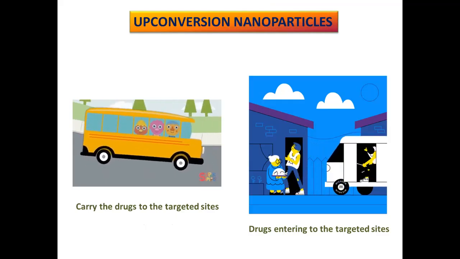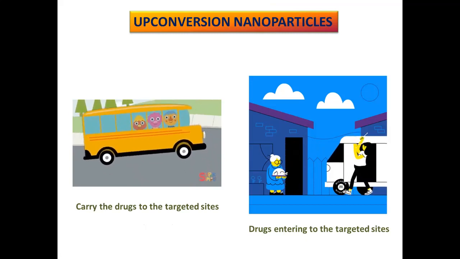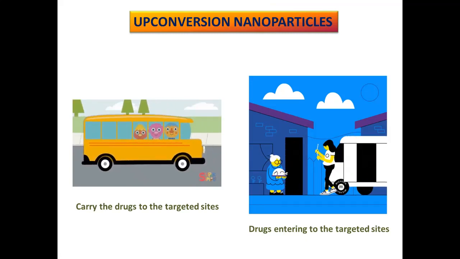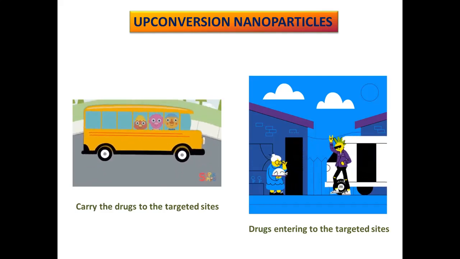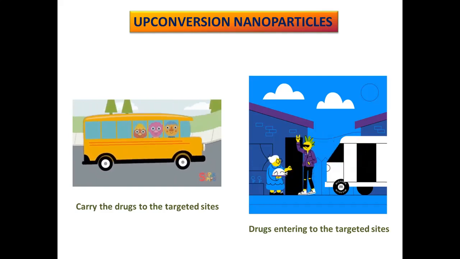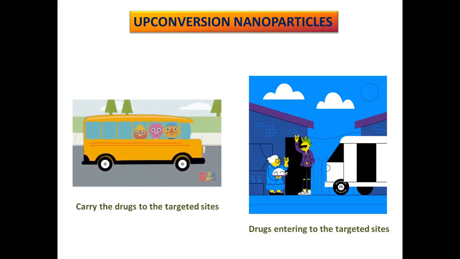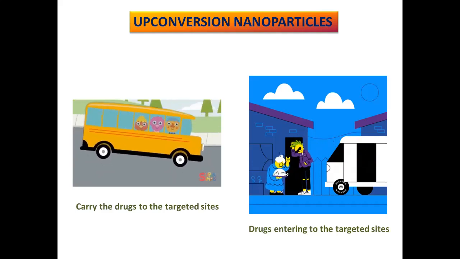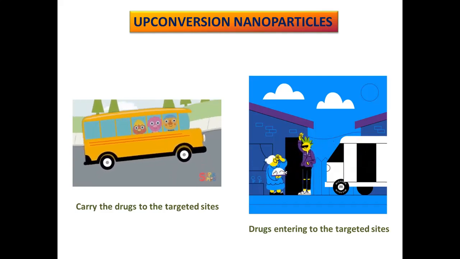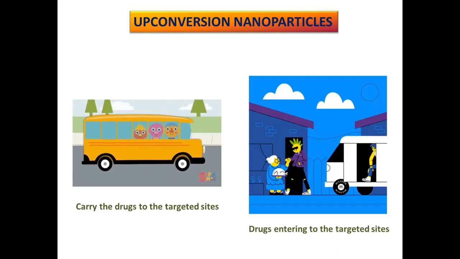So now we all know that the photosensitizers are given to the body or injected into the body. Sometimes there are targeted and non-targeted. Non-targeted will not go directly into the cancer cell, and targeted will go directly to the cancer cells.